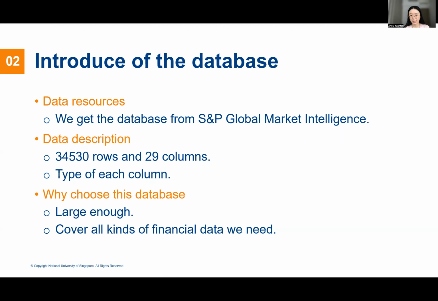Secondly, this data contains the key data we need to calculate ROA, ROE, debt ratio, and other financial data and analyze the company's financial situation. We need to know the company's net income, total asset, total debt, and other information. These are included in this dataset. Next page.